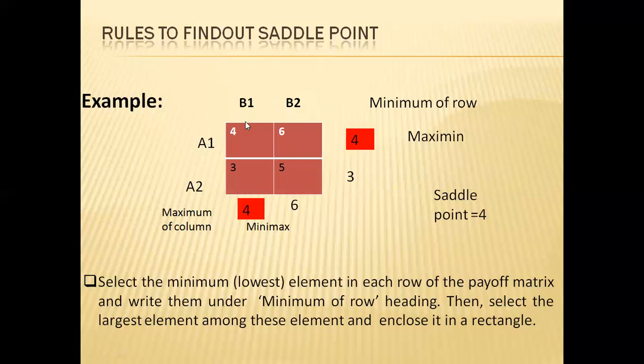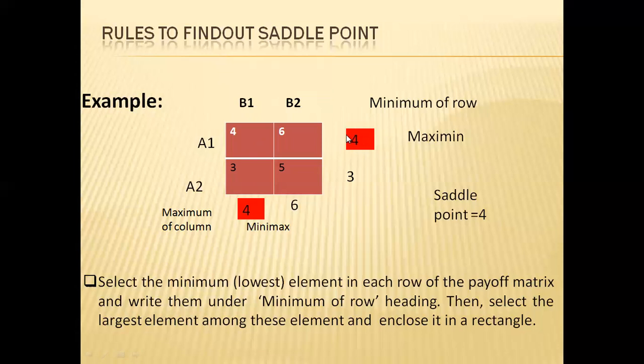So the maximin and minimax values are in the case of this row, and this is the column. In the first row, if you look at solving for A1, the minimum value is 4, and in the case of the competitor of A1, that is B1, the column has the maximum value, which is 4.